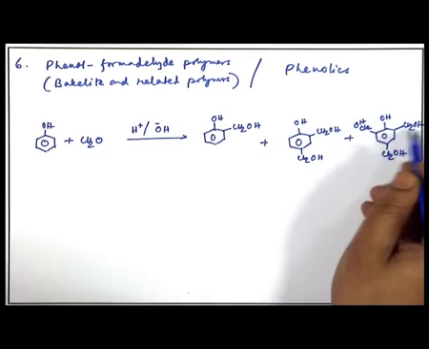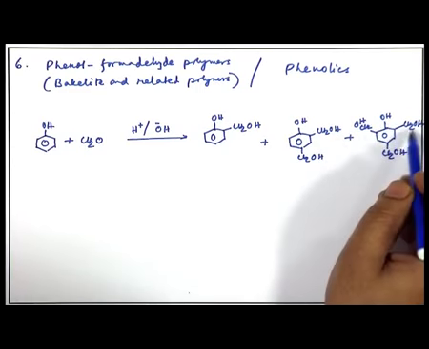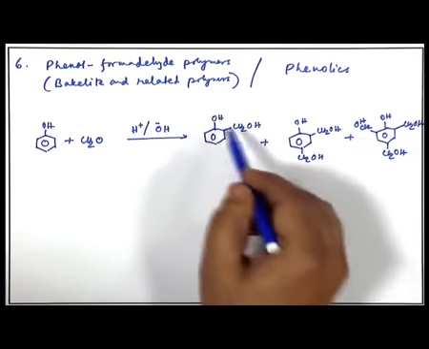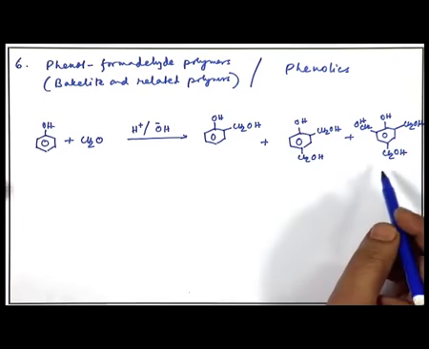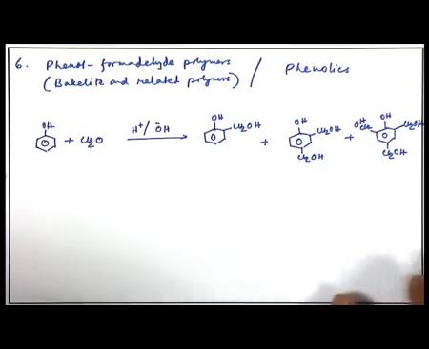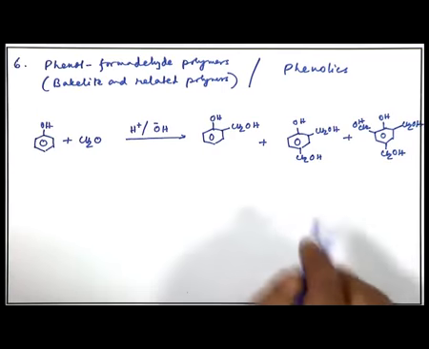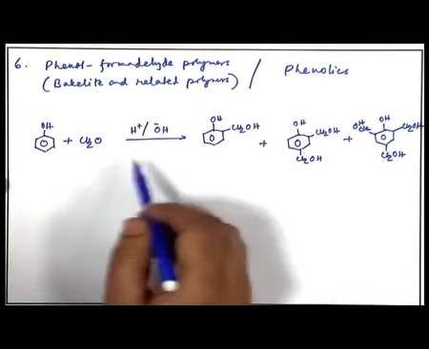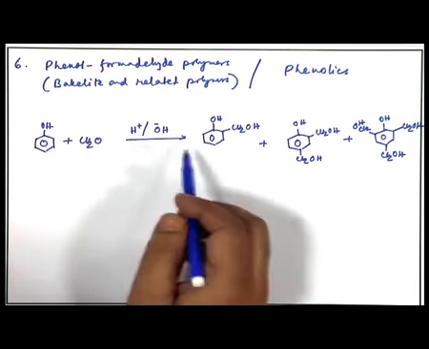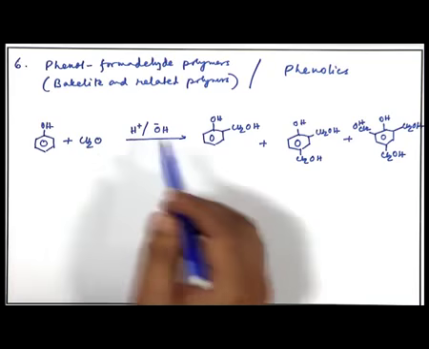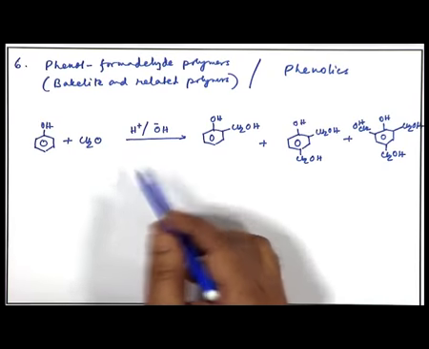These are CH2OH, in case you are not able to read this properly. Basically you can have ortho, para, and 3 substituted CH2OH, and this reaction rate depends on the pH of the medium. At a lower pH and a higher pH, the reaction rate goes up.